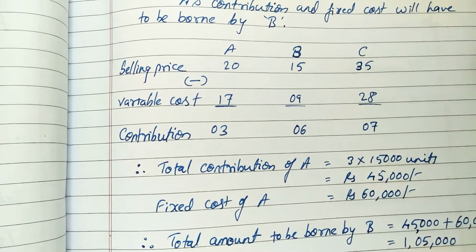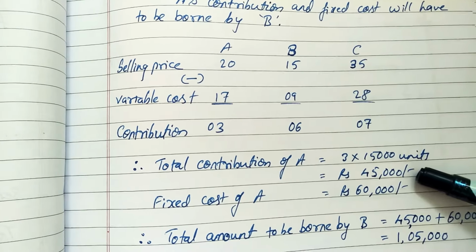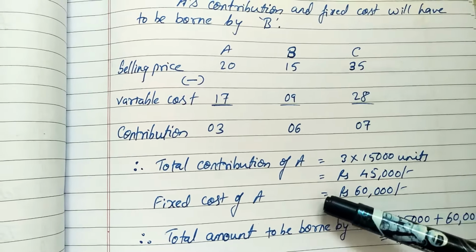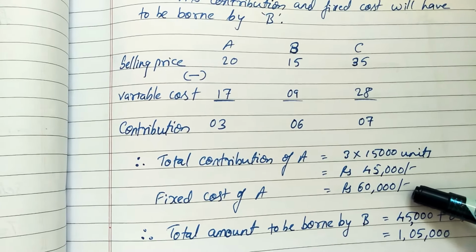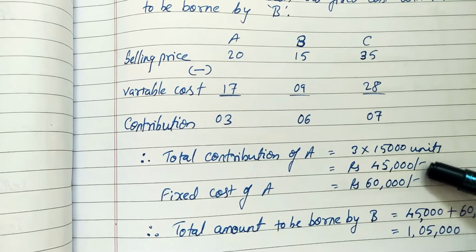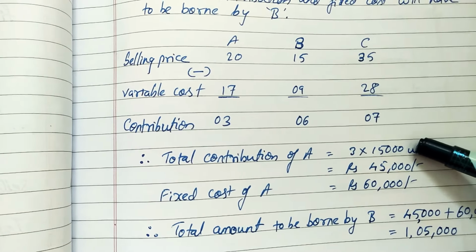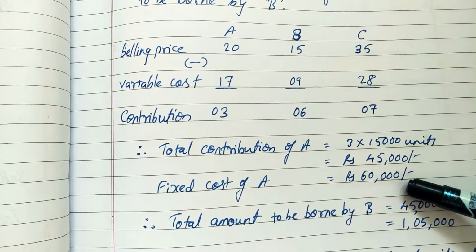So the total contribution of A is 45,000 rupees and the fixed cost of A is 60,000 rupees. How do we get this 60,000? Because we have calculated fixed cost per unit was 4 rupees multiplied by 15,000 units. 15 fours is 60. So we get 60,000 rupees as the fixed cost of A.